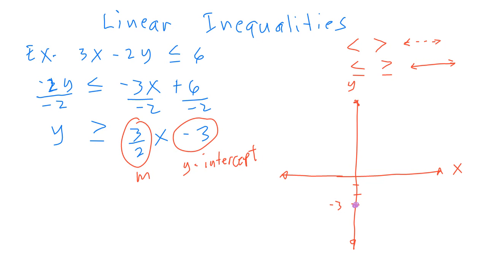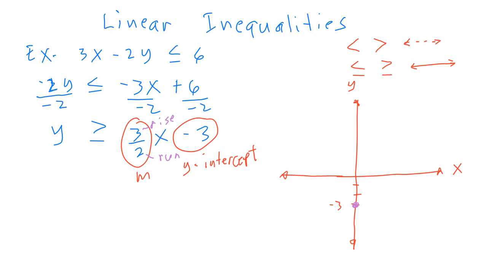And then our slope is 3 over 2. So 3, that's a positive, so you have to go up 3 units, and that's the rise over run. Run is 2, so 2 units to the right. So 3 here again is our rise, and 2 is our run.